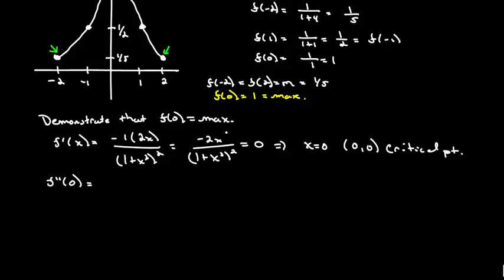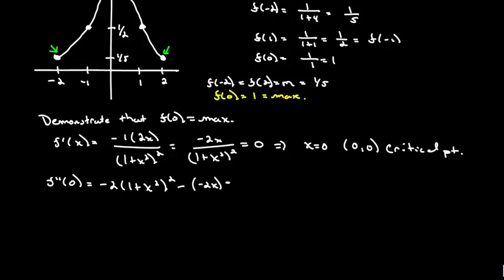The derivative of this again is the low times the derivative of the top, so negative 2 times 1 plus x squared, squared, minus the top times the derivative of the bottom. Now the derivative of the bottom is a little ugly.